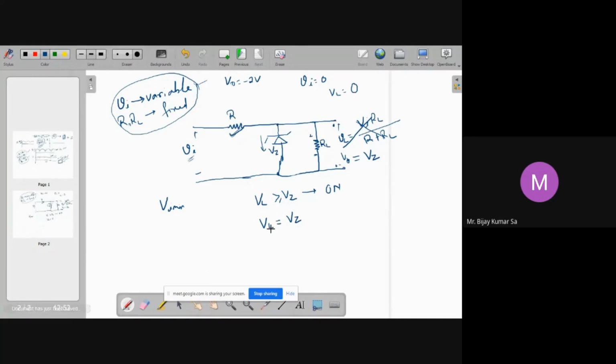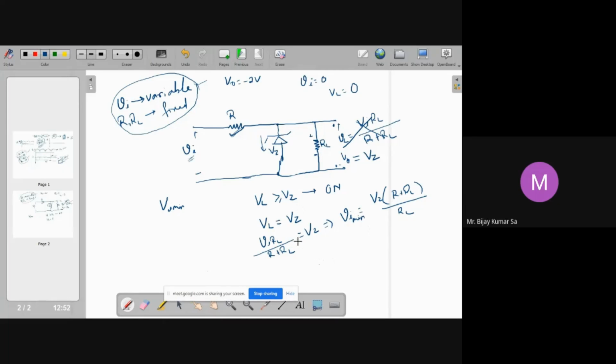This is the least VL that will let the zener diode turn on. How do we calculate VL? VL is Vi times RL by R plus RL, and that has to be equal to Vz. So this gives you Vi is equal to Vz into R plus RL by RL, and this is the Vi that is least required. So this is Vi minimum.